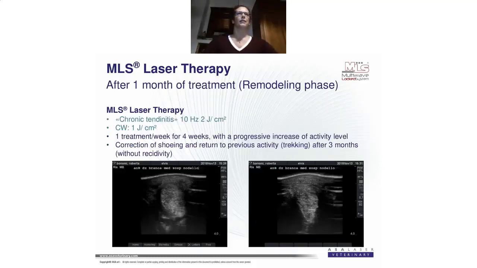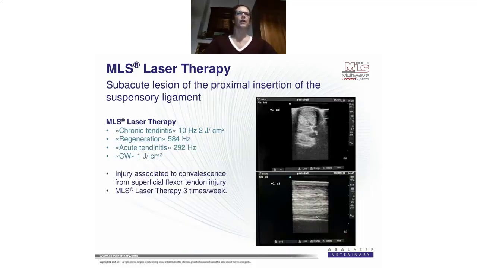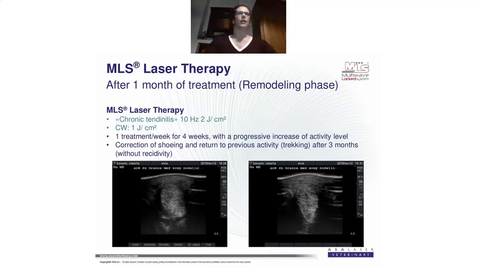In this, after 1 month of treatment, it was a remodeling phase, which was already very interesting. And I used the protocols of chronic tendonitis and continuous wave. So 1 treatment a week, not more, for 4 weeks, and progressive increase of activity level.